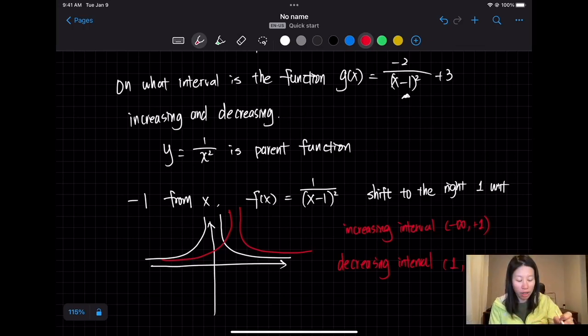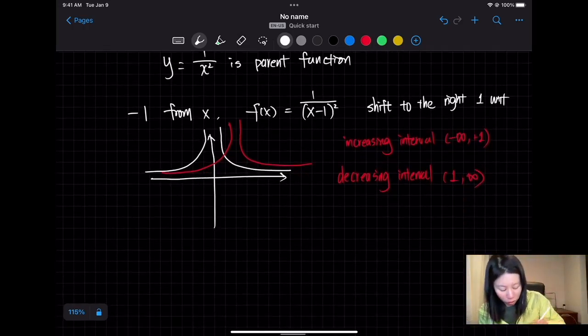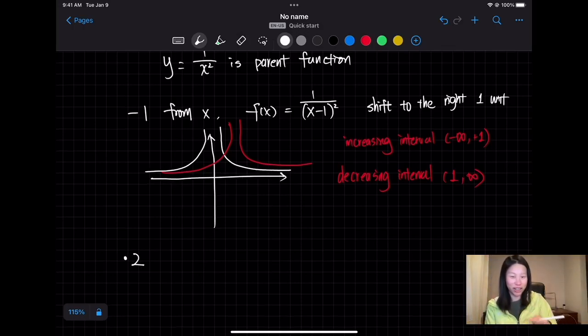Okay, now the next step is we take a look at times 2, or times -2. Well, we can consider that as 2 transformations. One is you multiply by a negative number, and then you multiply by 2. So we can do it separately, but trust me, later when you get used to this transformation, you will do it in one step.